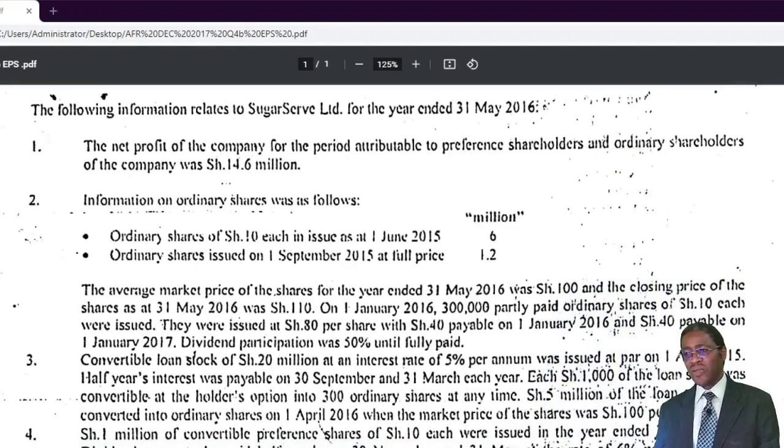Okay, so let's put down somewhere, determination of the weighted average number of shares. And our year began on 1st of June 2015. So we come and say weighted average number of shares.